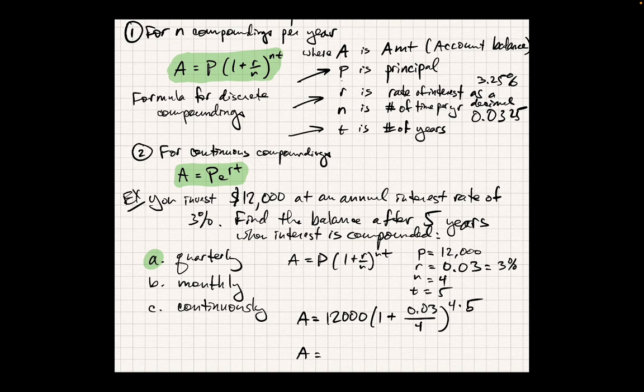I raised it to 4.5, not 20. Either way, you're raising a number that is larger than 1. It's 1 plus an interest rate divided by the number of times per year. The interest rate we're always expecting to be positive. The number of times per year we're always expecting to be positive.